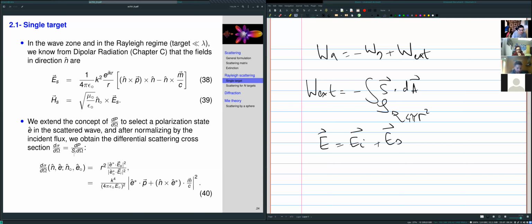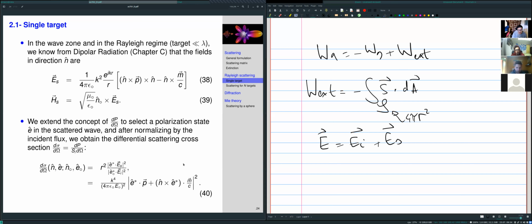And of course that depends on polarization. Here we are selecting E to represent the exit polarization, and E naught to represent the incident polarization. So this is a way to generalize the scattering cross section to include different polarization states.